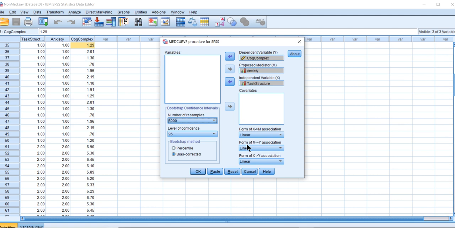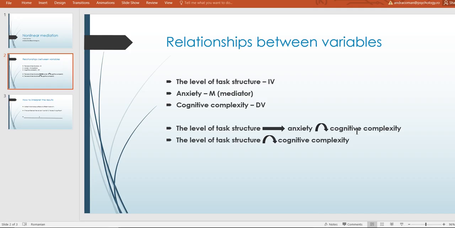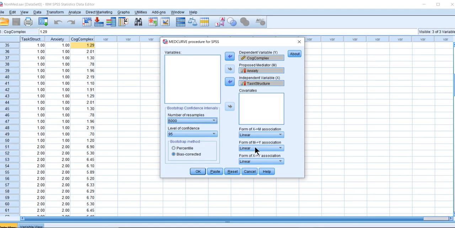The relationship between the mediator and the dependent variable, anxiety and cognitive complexity, is nonlinear or quadratic.